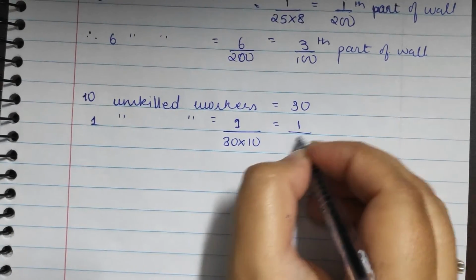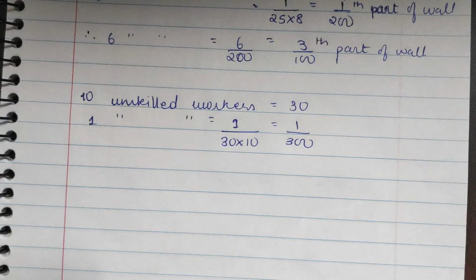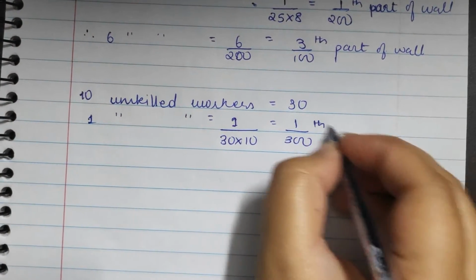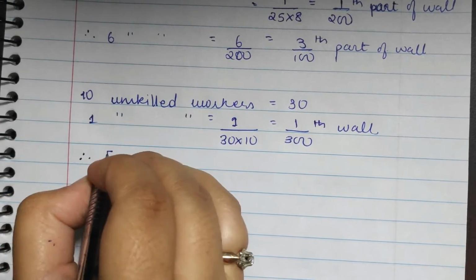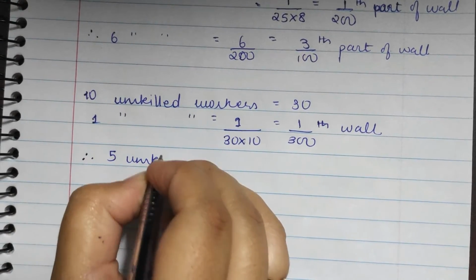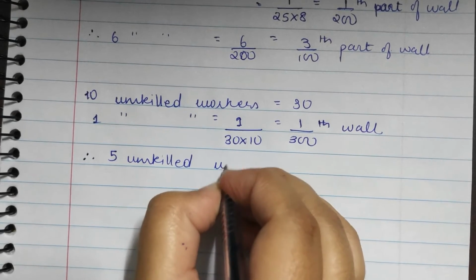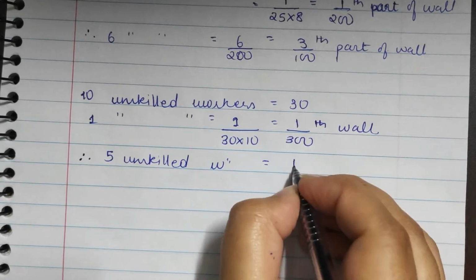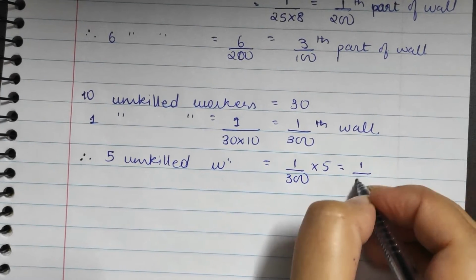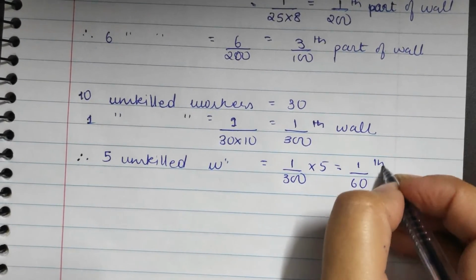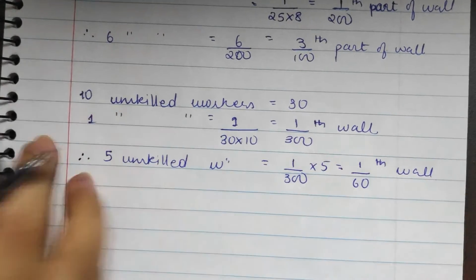It will be 1 by 300 part of the wall, and therefore 5 unskilled workers will make 1 by 300 into 5, which is 1 by 60th part of the wall in 1 day.